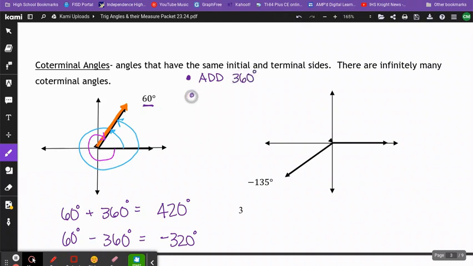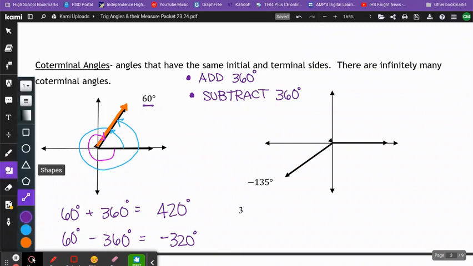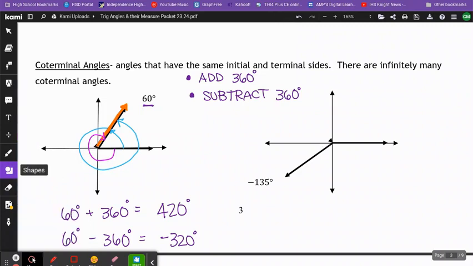And then you're going to take that angle measure they gave you and you're going to subtract 360 from it in order to get two coterminal angles. So these two angles that I have just found down here, these two angles are coterminal angles.